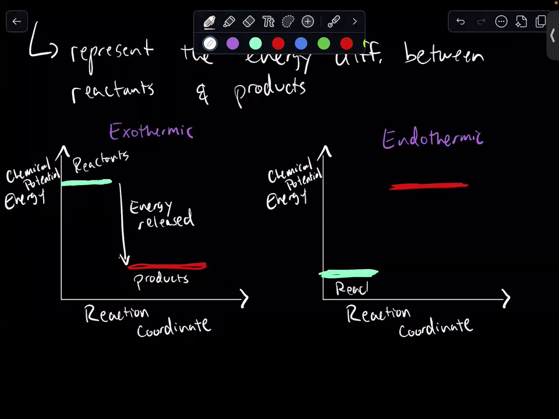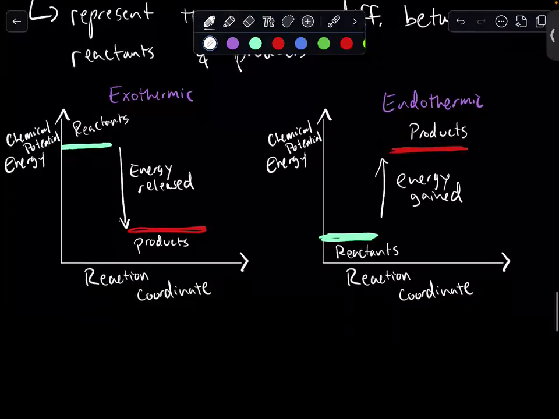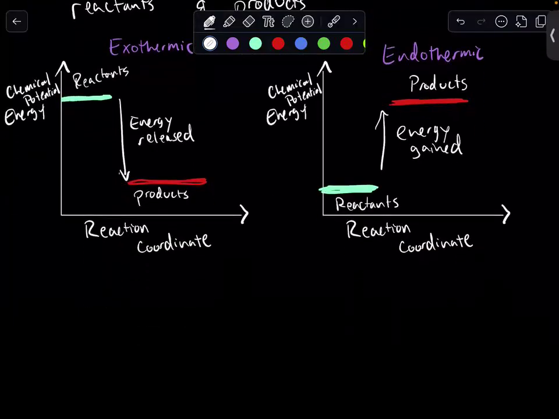Meanwhile, over here, we'll have reactants, products, and this is our energy gained. So this is what a reaction profile looks like. It's just a graph showing the difference in energy between the reactants and the products.